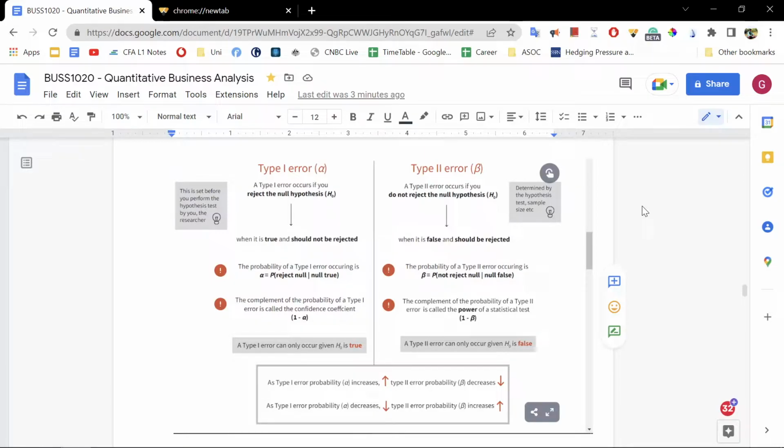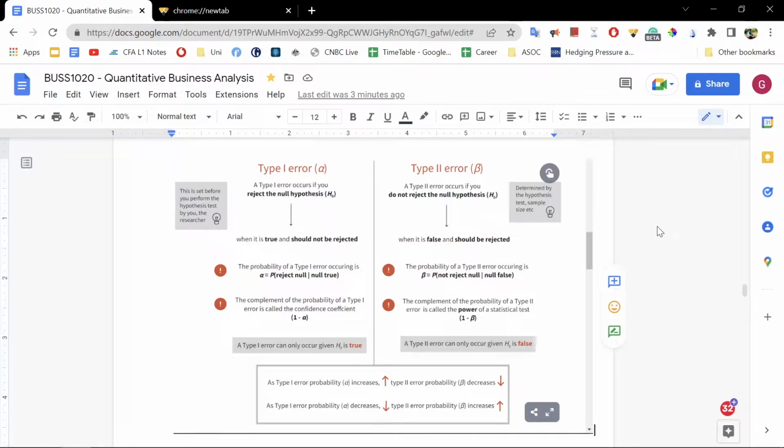Anyways, for example, if I fail to reject the claim that Red Bull cans contain 250 milliliters of Red Bull, so I accept the null hypothesis, however it turns out that the mean population volume of Red Bull is actually not 250 milliliters, then I have committed a type 2 error.